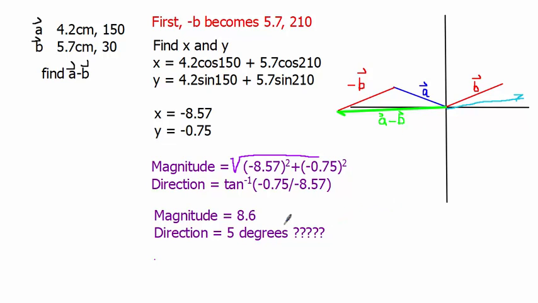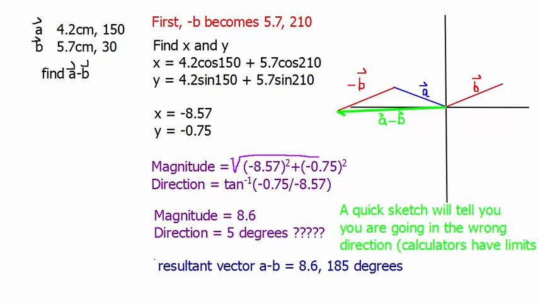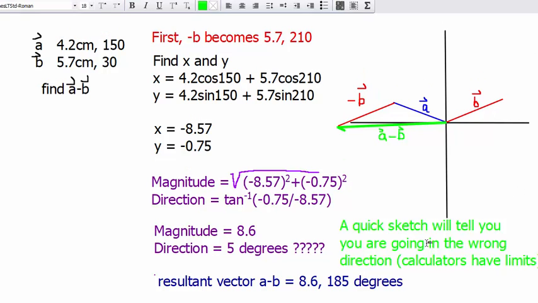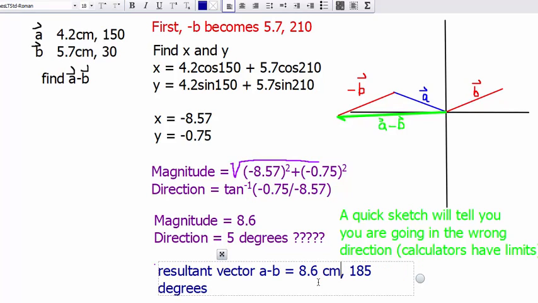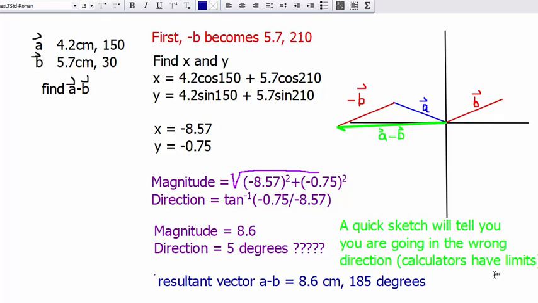So I do need to take a look at these and make sure I know which direction I'm going. Because of the limits of the calculators, you've got to sketch it out and think about it. The resulting vector is 8.6 and 185 degrees. And I should have put in centimeters on that. We should have units on those at all times.